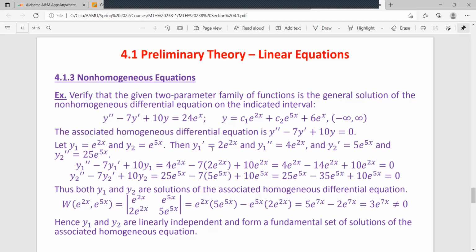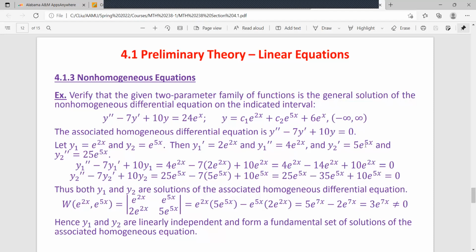You just take the derivative of y1 prime. Again, you get another factor of 2, so y1 double prime will be 2 times 2, which is 4e to the 2x. And similarly, y2 double prime will be 5 times 5e to the 5x, which is 25e to the 5x. When you take the derivative of e to the 5x, you get another factor of 5.